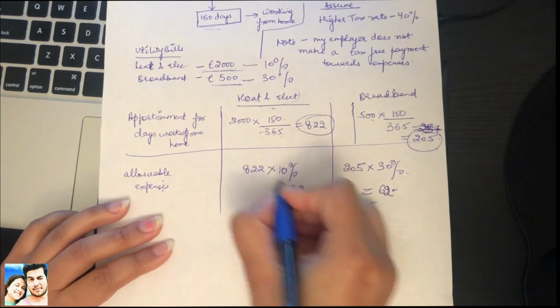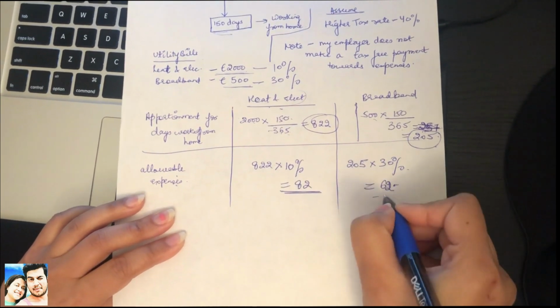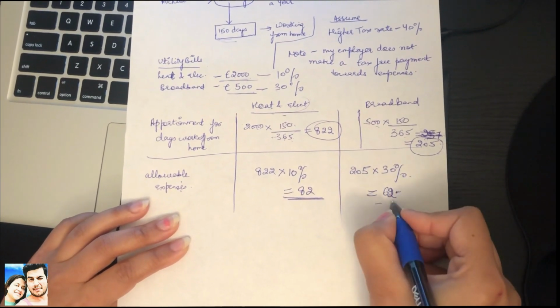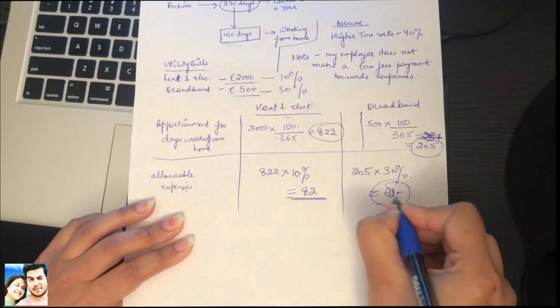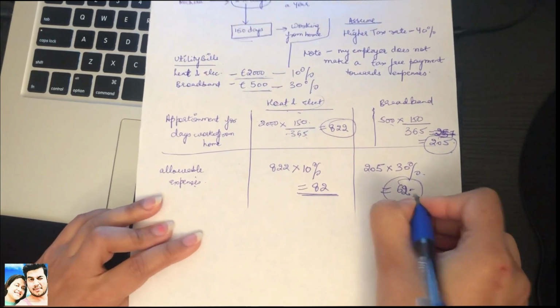So after calculation, it will be 82, and 205 into 30% is 62. So I'm actually rounding up this figure.